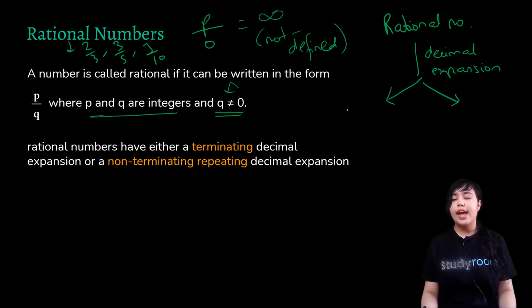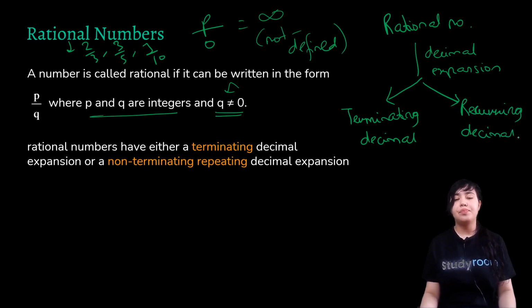It can give me a terminating decimal. I'll just explain what each term means. Or it can give me a recurring decimal. A recurring decimal is also called non-terminating or repeating.